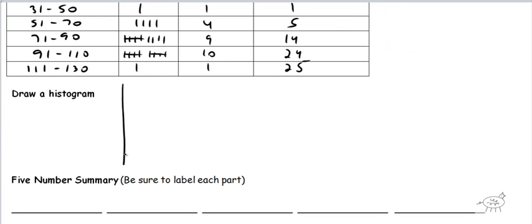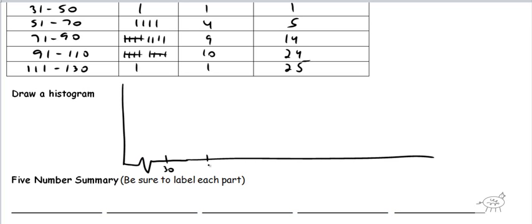So basically, we start from 31 to 50, and remember, you've probably seen this before. Instead of extending it, I'll just make it 30 to start, we can just do this, right? So we'll say this is going to be 30 and 50, 70, 90, 110, and 130.